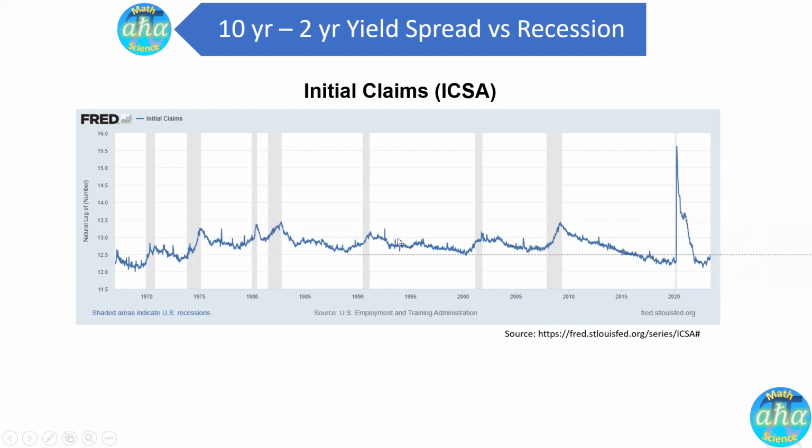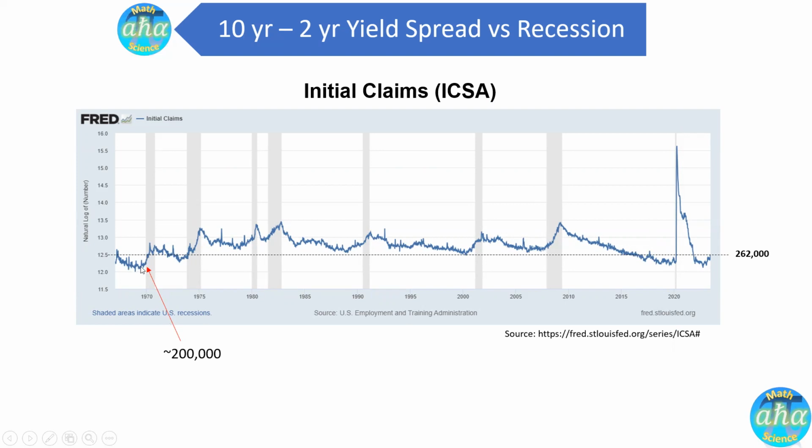Currently, the initial claims data has been rising for several months now since the beginning of this year. It sits at 262,000. That's a level that is still considered low. But you can see that for the 1970 recession, once the initial claims data was above 200,000, we were already in the recession.